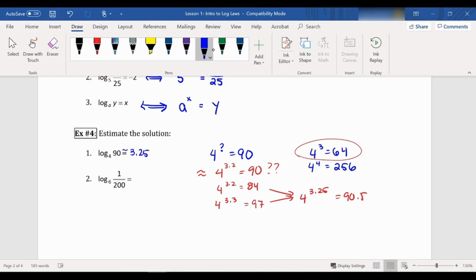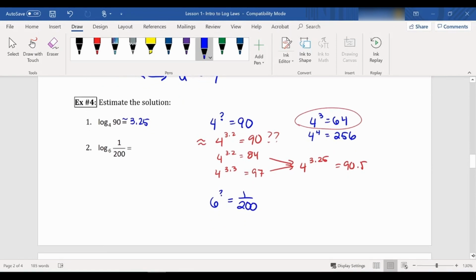Now we can do the same logic with the next one. I'm figuring out 6 to what power is 1 over 200. So again, using our rules from back in grade 9 and 10, we know that this should be a negative exponent, right? So 6 to the -2, for example, is 1 over 36. 6 to the -3 would be 1 over 216.